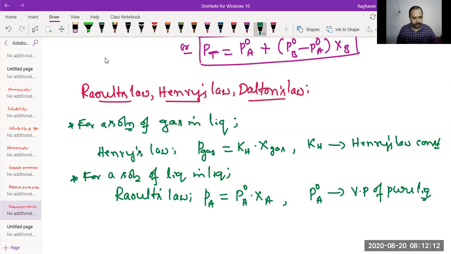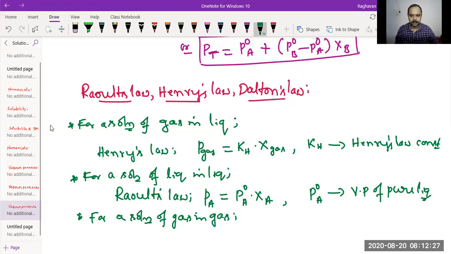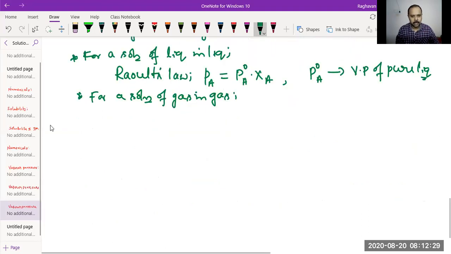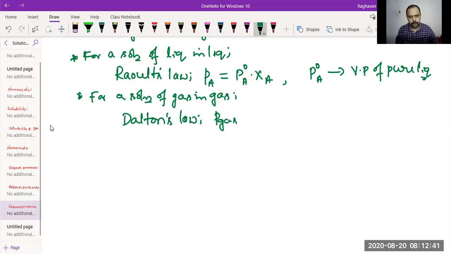Similarly, for a solution of gas in gas, this is Dalton's law. The partial pressure of the gas is equal to the total pressure, P total, into the mole fraction of the gas.